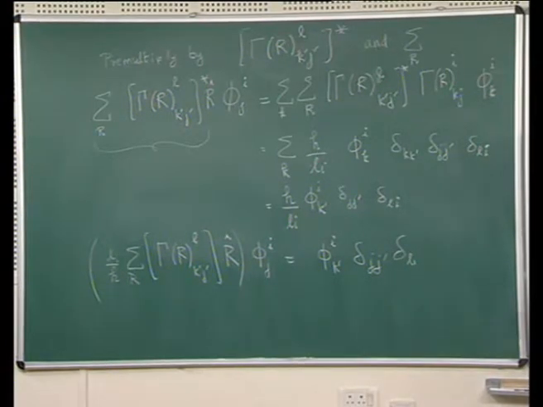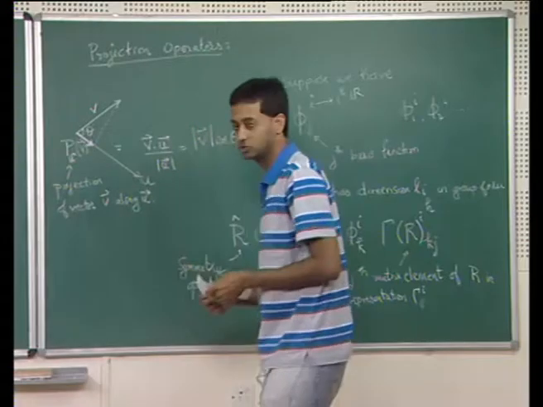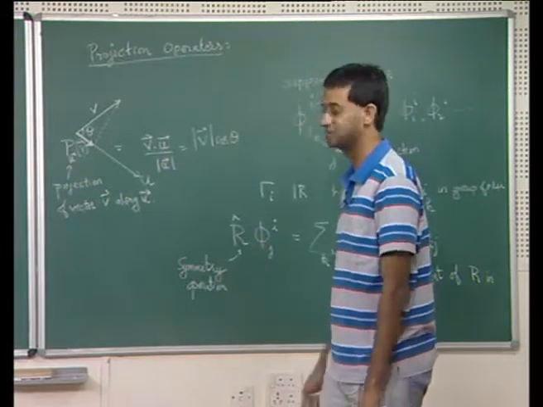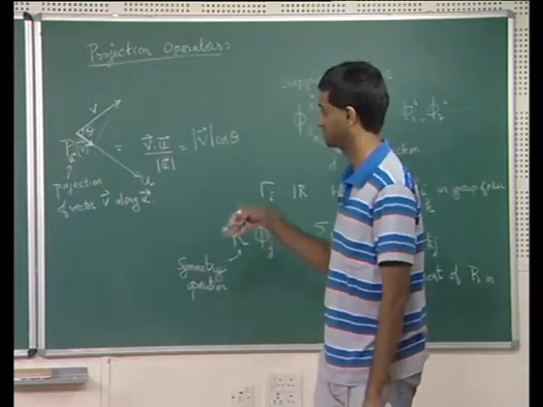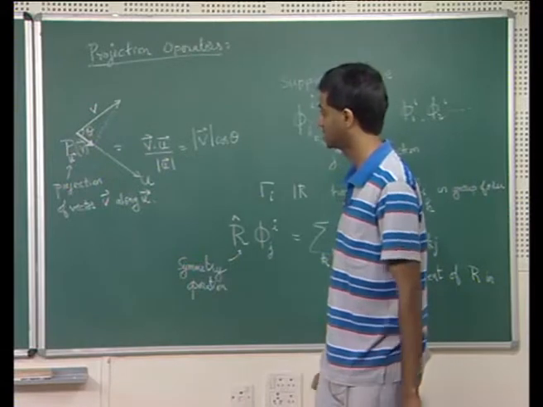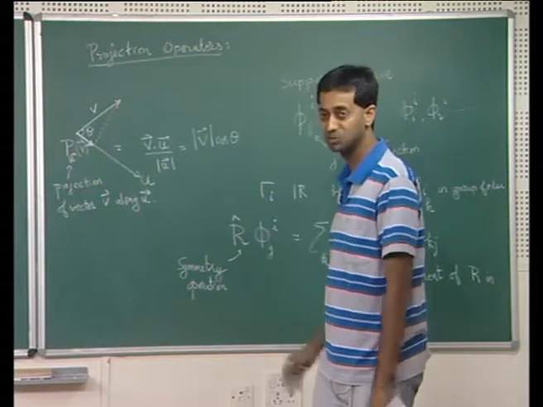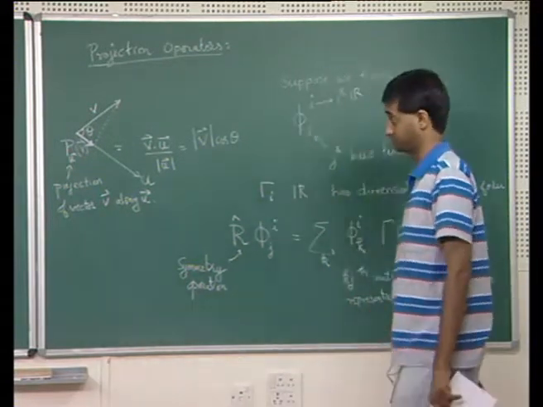This is the usual way in which you calculate coefficients in any basis function expansion. But we are going to use this as a motivation to define the projection operator.